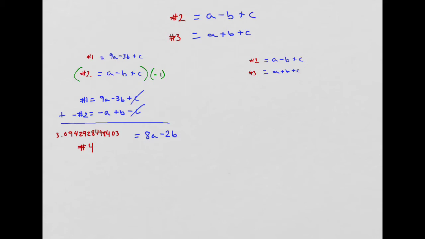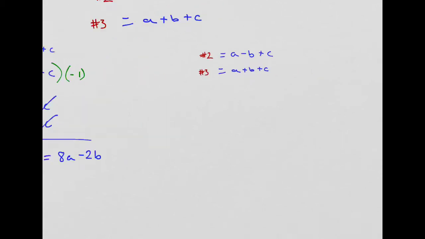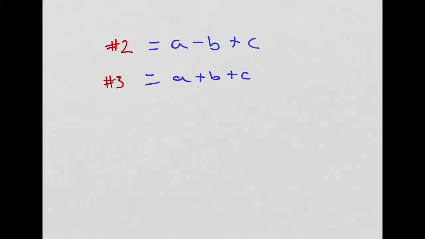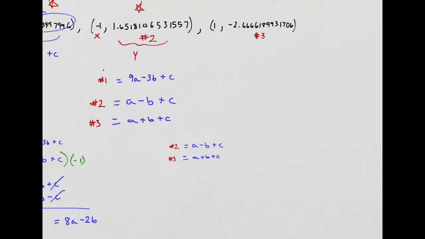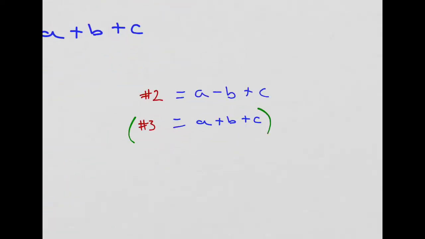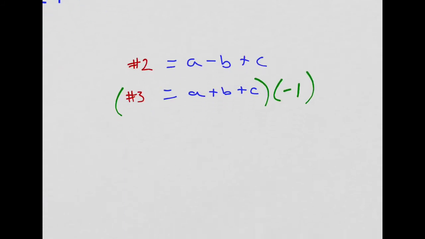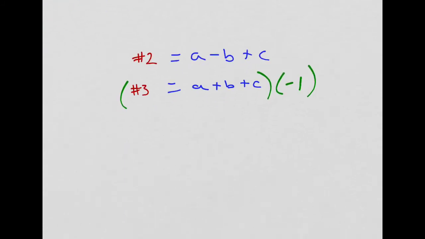I have to get rid of the same variable here and here. So, I have to get rid of the c's, which means, I'll just multiply the second one by a -1. It doesn't matter, actually, but we'll see what happens. I think this is good to show this. And remember, you distribute it to all 4 of the numbers.